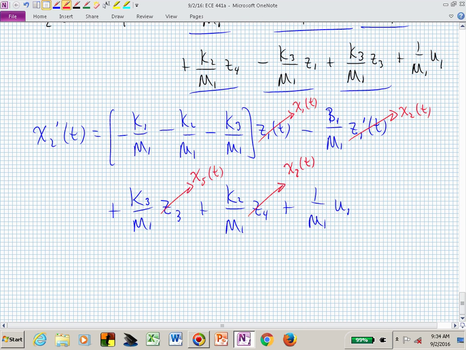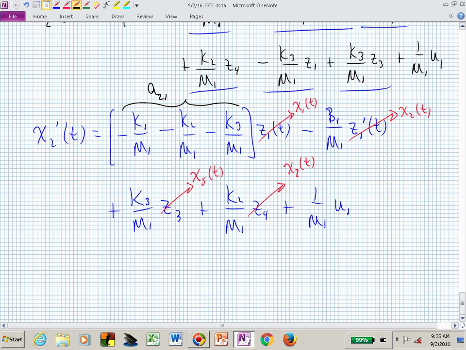Which means we are now in a position to start putting these into the second row of our A matrix and the second row of our B matrix. This mess, 3 terms, is the A21 coefficient in my A matrix. That's in the second row, first column, because it weights x1 and it needs to be in the second row.